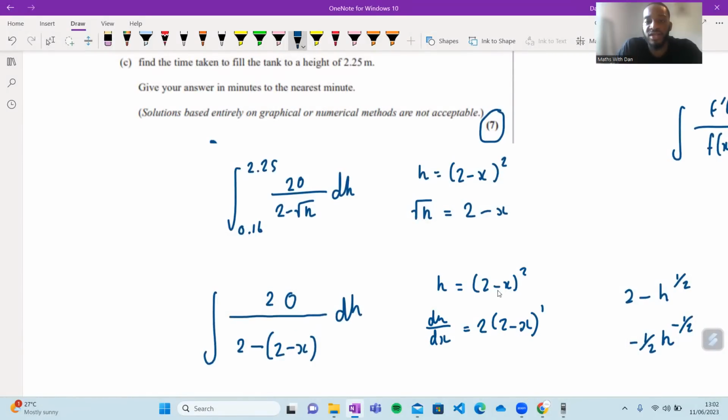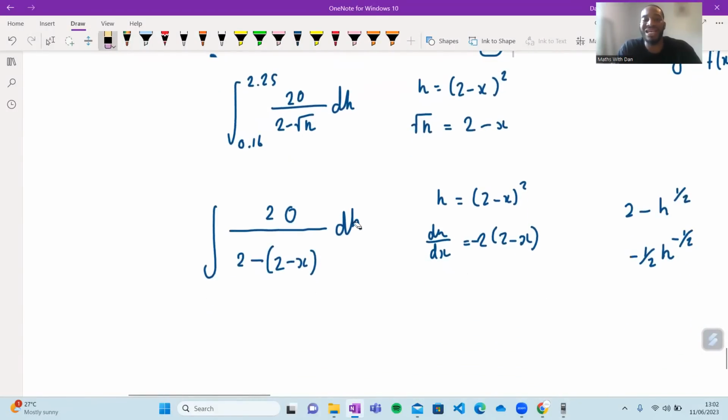If I times by the inside derivative, this gives me a minus 1, so I have to put a minus at the front. So this is dh by dx, isn't it? Now remember, I need dh. Then dh should just be equal to minus 2 times 2 minus x times dx, isn't it?